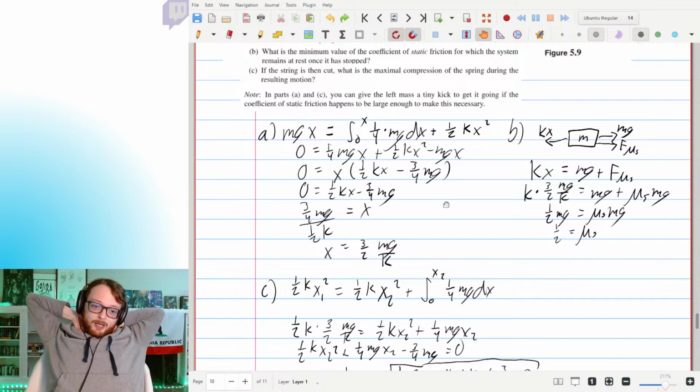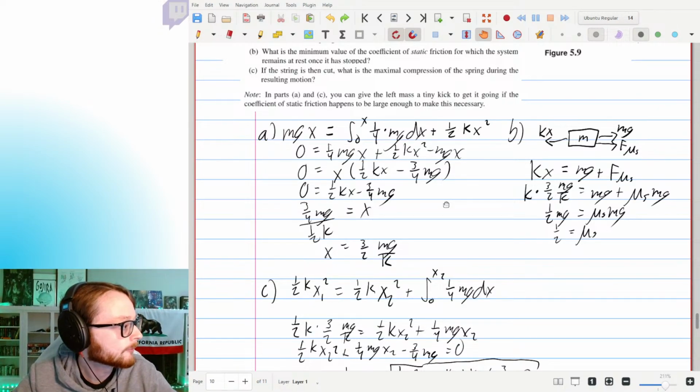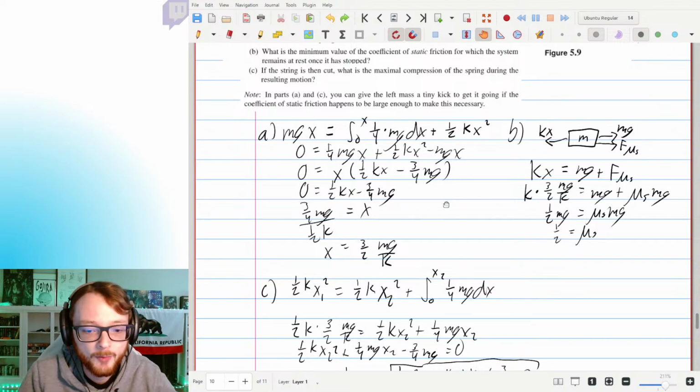What am I measuring x2 relative to? I guess relative to the 0 point I defined earlier. And then we would have lost some energy to friction.